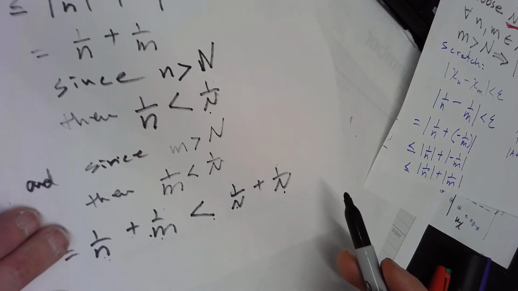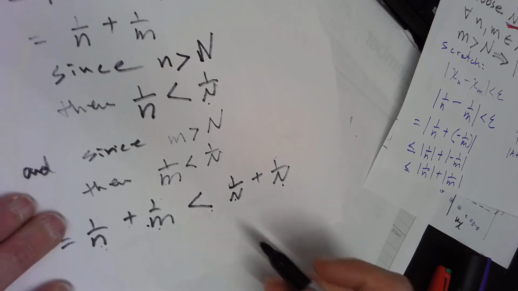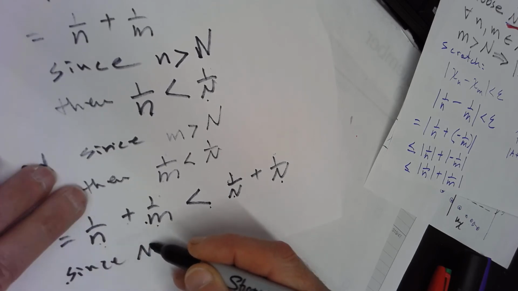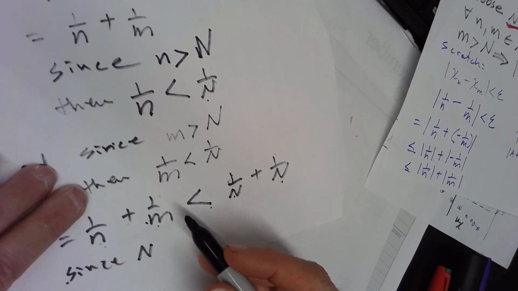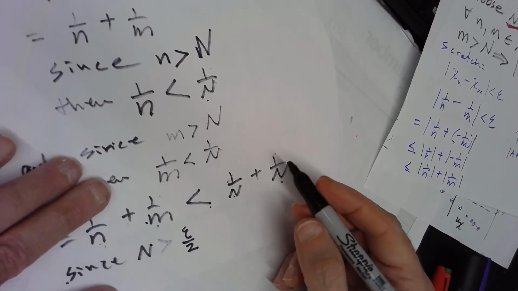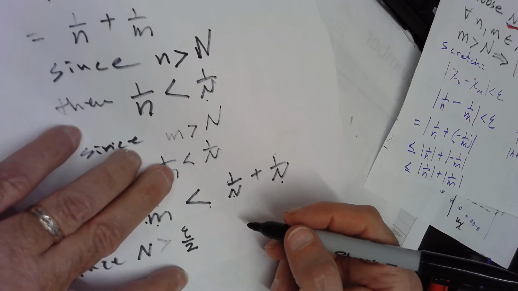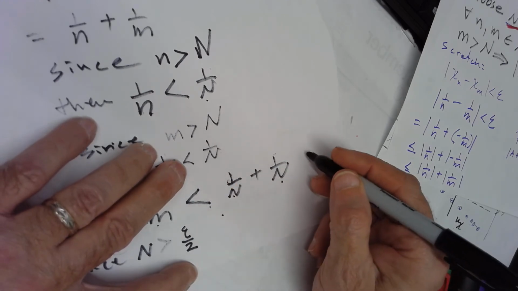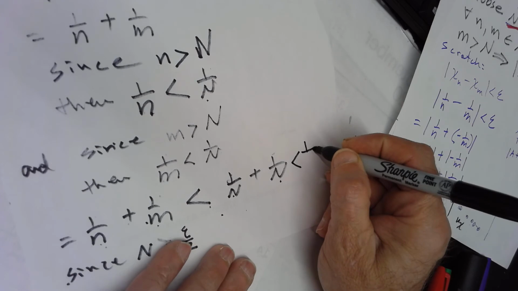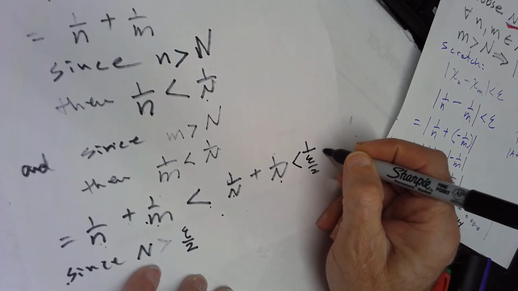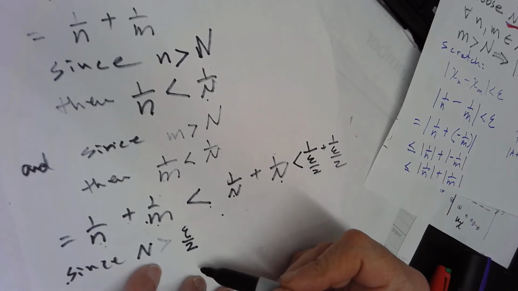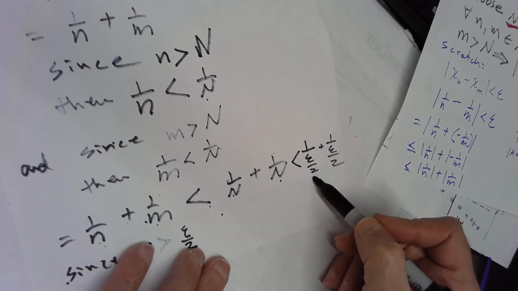And since we said that N is greater than epsilon over 2, then we can say that this is going to be less than 1 over epsilon over 2 plus 1 over epsilon over 2, because N is epsilon over 2. So 1 over N is going to be 1 over epsilon over 2.